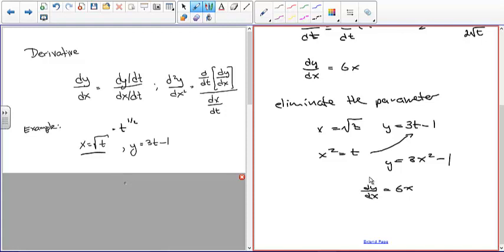But a lot of times there are cases where you have curves that you can't define as y as a function of x, but you can define it in parametric form, and then you can find the slopes of the tangent lines for those interesting special curves.